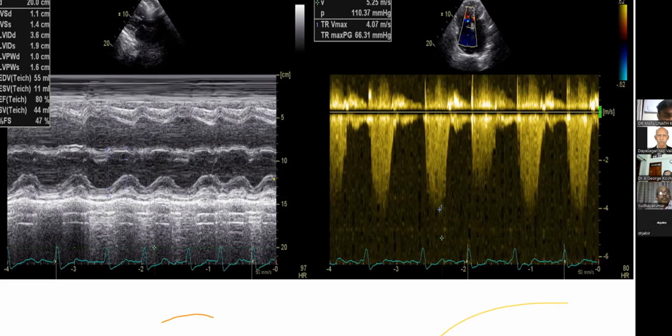What is happening to the interventricular septum during the systole of the left ventricle? Normally it should move towards it, right? Yes, sir. Here, what is happening? Paradoxical septal motion. So what is the implication of that? What is the hemodynamic implication of a paradoxical septal motion in a patient with ASD?